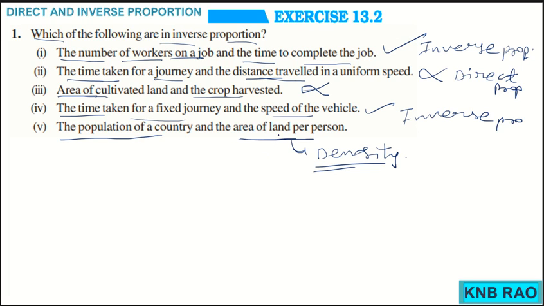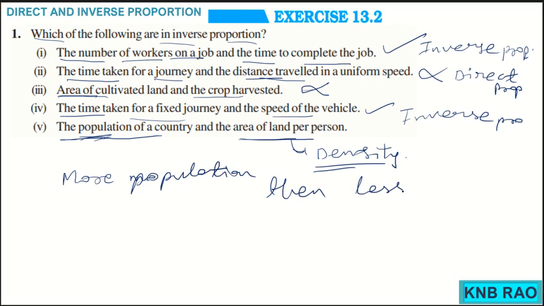Area per person, if it is less, then the population is more. More population means less area of land per person.